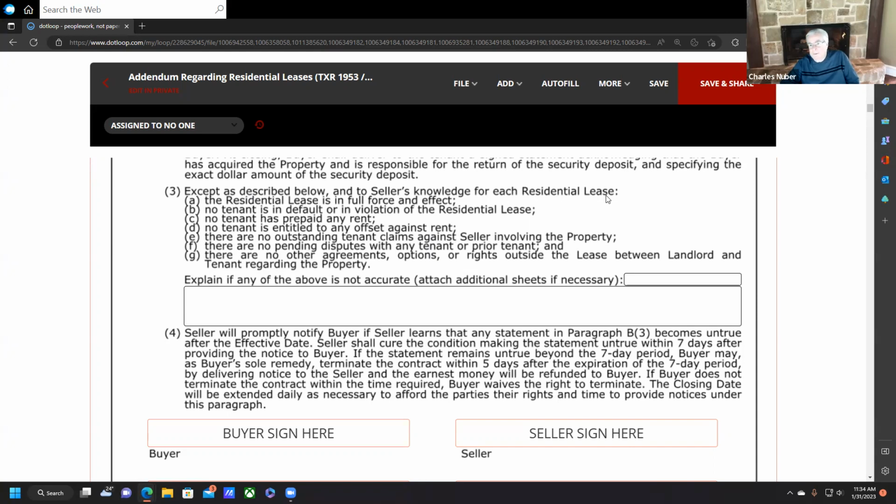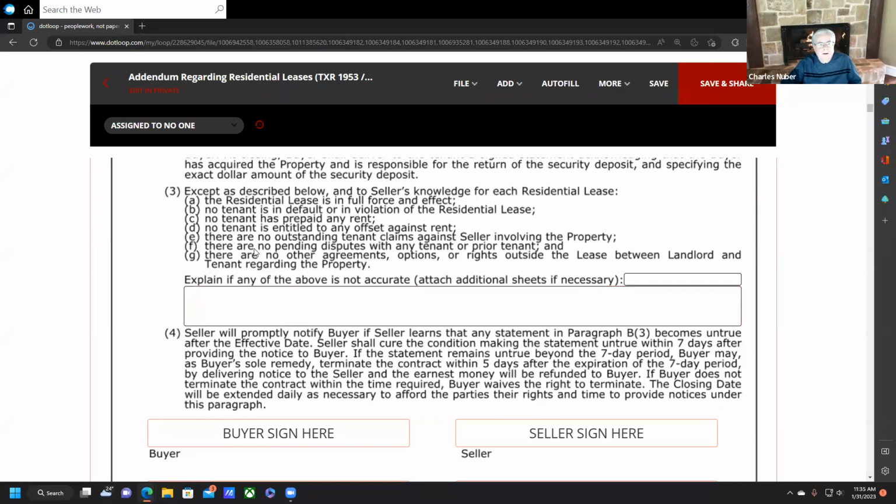I would suggest if you're going to invest that security deposit money in something, that you definitely have an attorney draw the documents. Except as described below and to seller's knowledge, for each residential lease, the residential lease is in full force and effect. No tenant shall be in default or violation. So they're saying that the lease is in good standing basically through here.